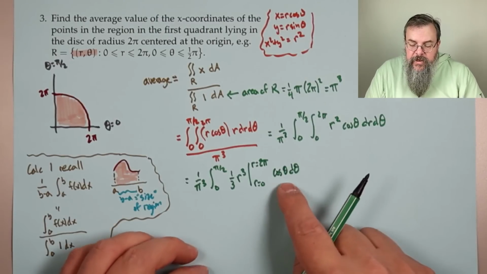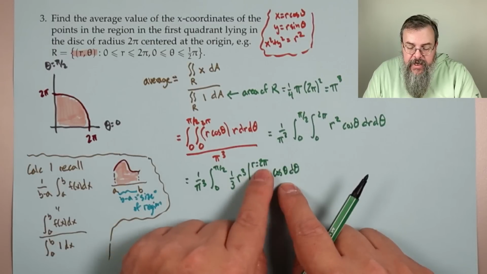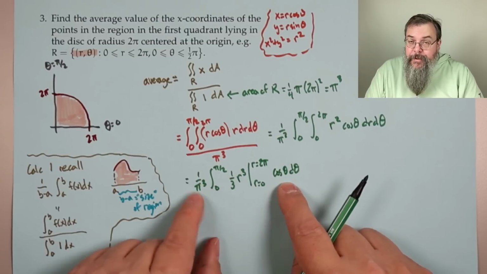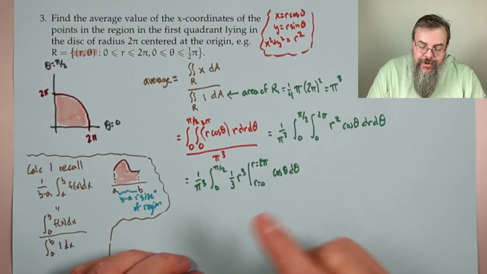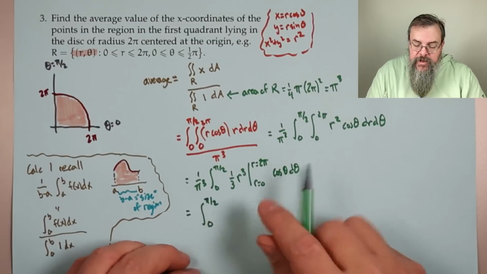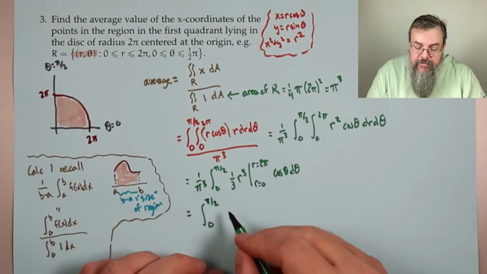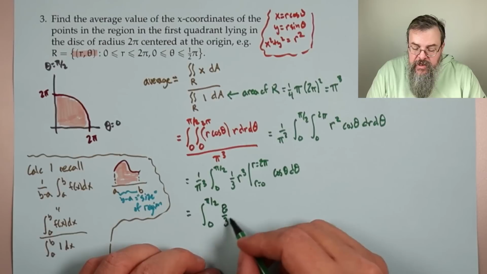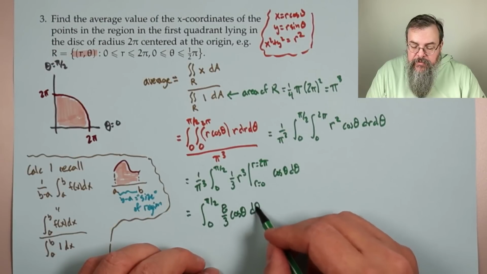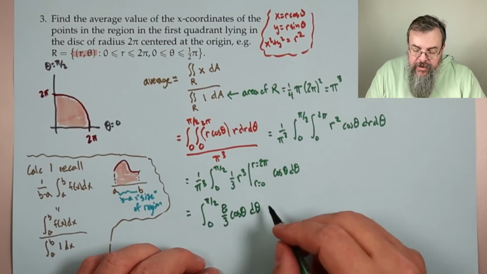Okay, so plug in 0, you get 0. Plug in 2 pi, well, you're going to get 8 pi cubed. We already have a pi cubed, so if we cancel the pi cubes, we'll have 8/3. And then we have cosine theta and d theta. Okay, well, great.